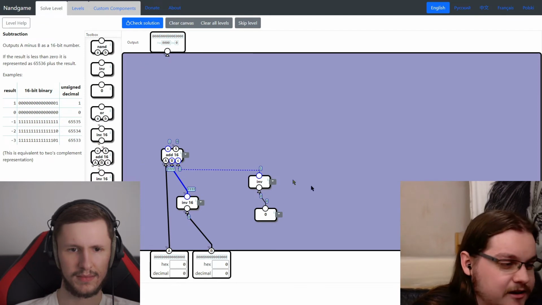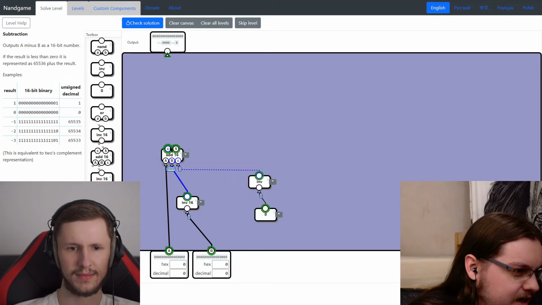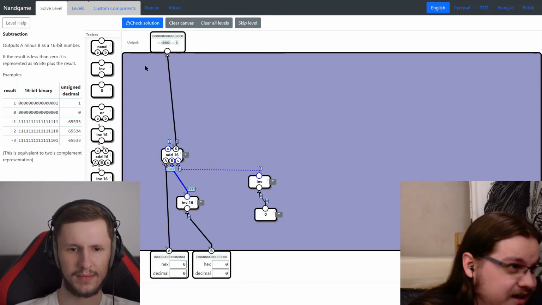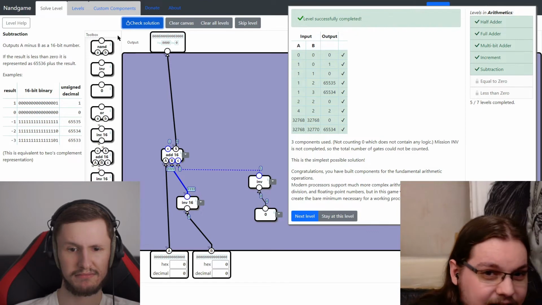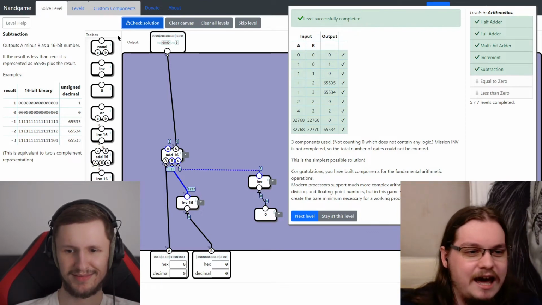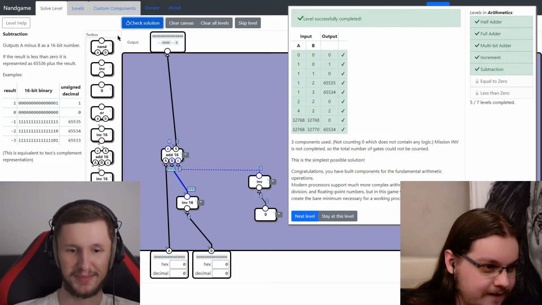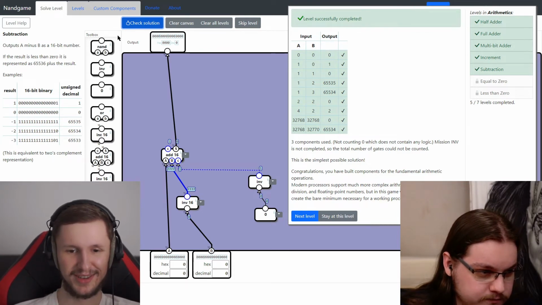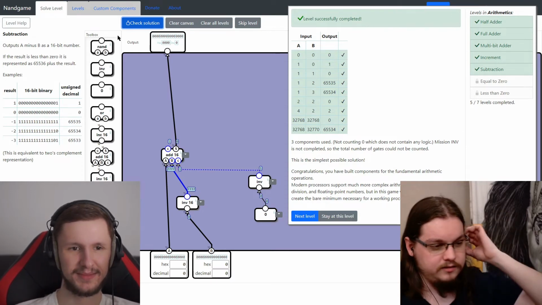No, it does add a lot of complication because we're adding another entire adder. I think this might work. It does work. I still don't fully remember why it works, but I half remember this working, so yay. I do not remember ever doing this. I probably did, because I've played this game before.